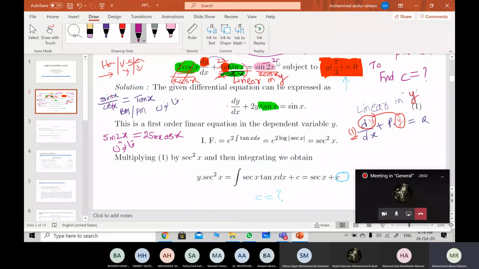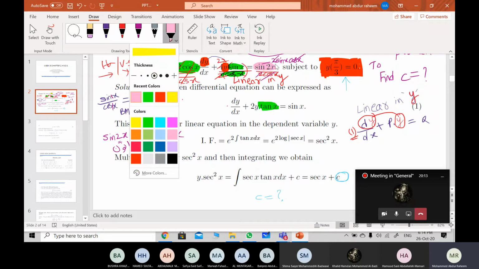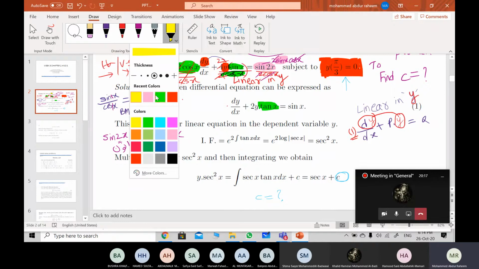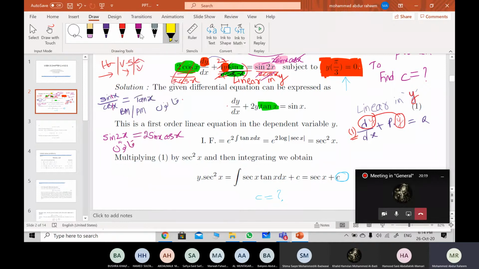So when you write 2 sine x cosine x, divide by 2 cosine x, 2 cancels 2 and cosine cancels cosine. How much remaining? Sin x.